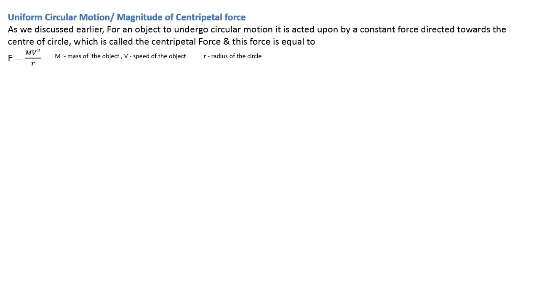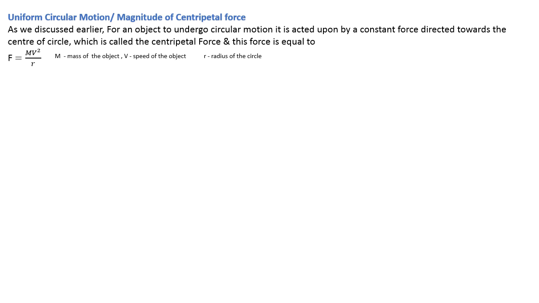When the object covers equal distances in equal intervals of time along a circular path, we say it is uniform circular motion. Uniform circular motion is due to the centripetal force. The force responsible for that circular motion is the centripetal force.